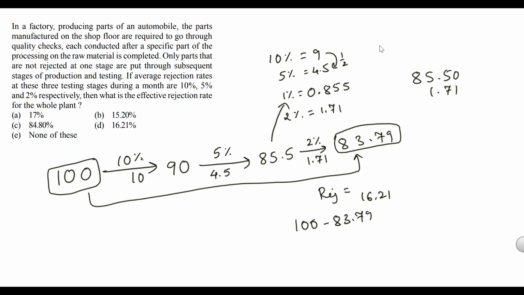Or instead of subtracting 1.71 to get this number and again subtracting this from 100, you can do it this way also. In the first step, how many products have we rejected? 10. Second, we have rejected 4.5. Third, we have rejected 1.71. So total rejected are 10 plus 4.5 plus 1.71. So again, we get the total of 16.21.